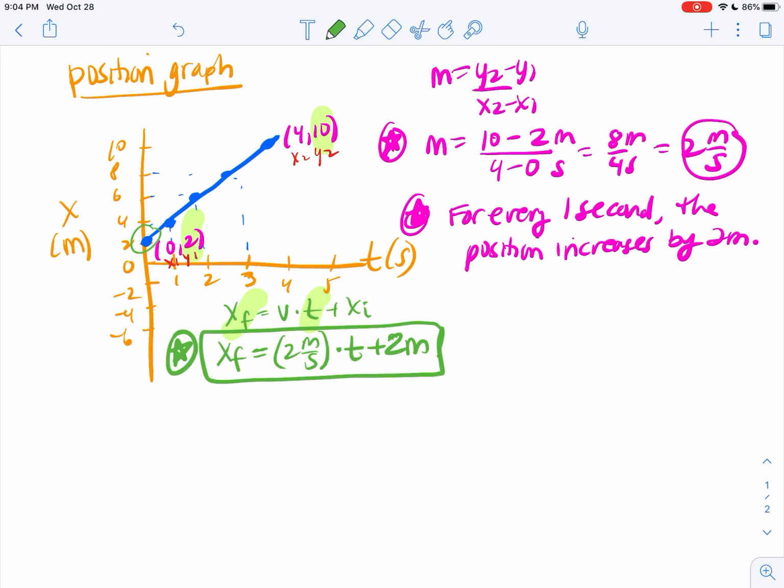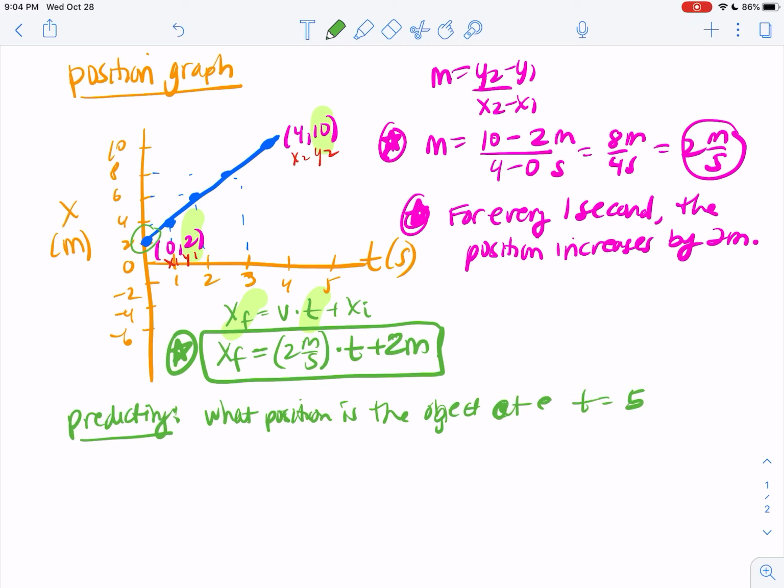Another skill is predicting. All these skills we're going to put together next week into the final project. So let's say, what position is the object at time equals, let's just say, 5 seconds. I'm keeping the numbers really easy for the example.